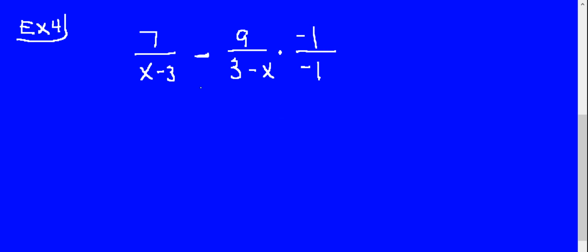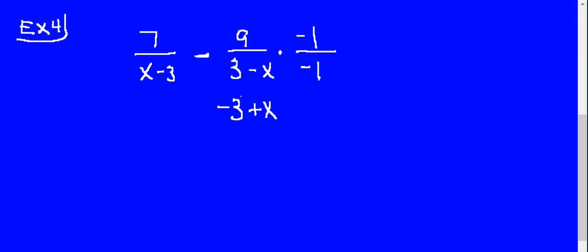Alright, so when I multiply this bottom with the distributive property, what do I get? I end up getting -1 times 3 is -3, and -1 times -x is +x.